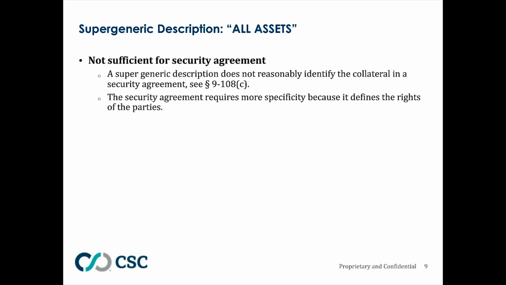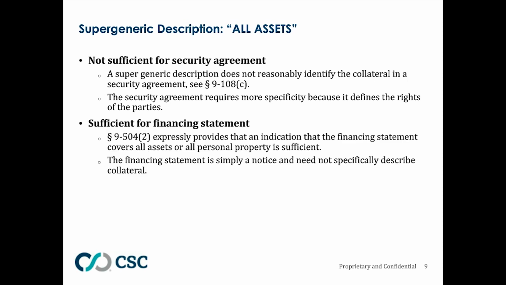And as a notice, all assets is sufficient for purposes of a financing statement, and that's expressly stated in UCC Section 9-504. It can be all assets or all personal property of the debtor, and that will be sufficient, but only for purposes of the financing statement.